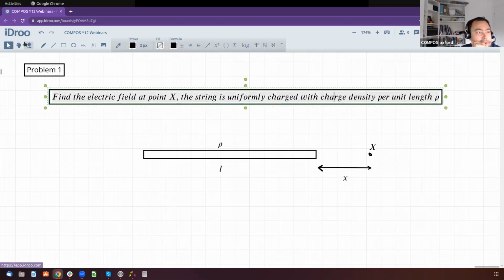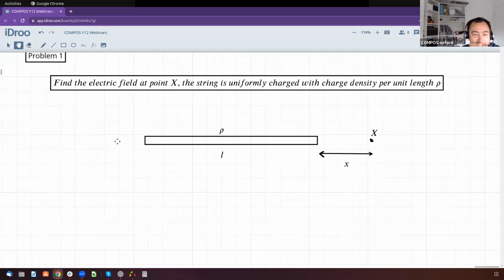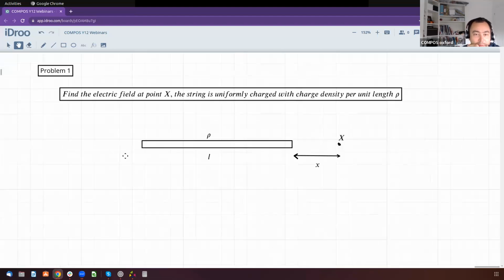So what does that mean? Charge density per unit length. That means the total charge on the string. So let's say the string is positively charged.